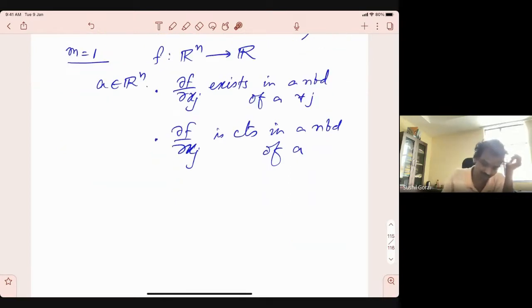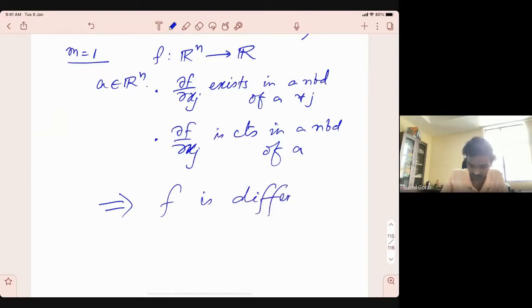Then both of these imply that f is differentiable at a. So the existence and continuity of the partial derivatives gives you the differentiability. Once it is differentiable, we get derivatives in terms of partial derivatives.